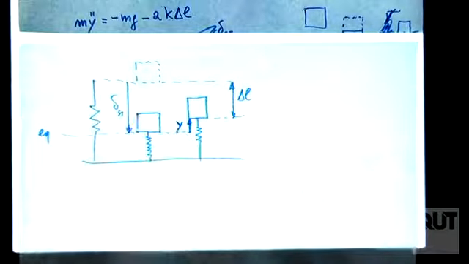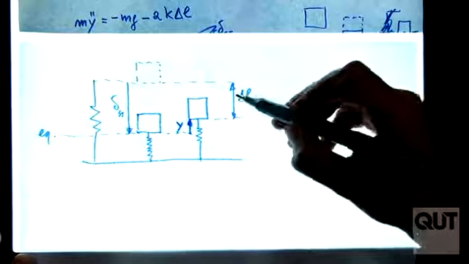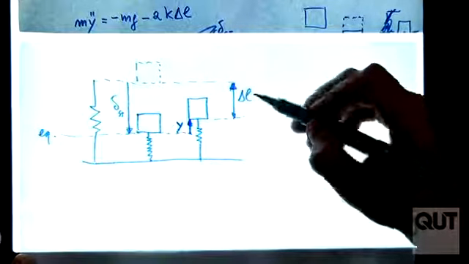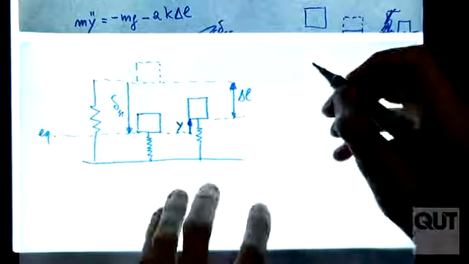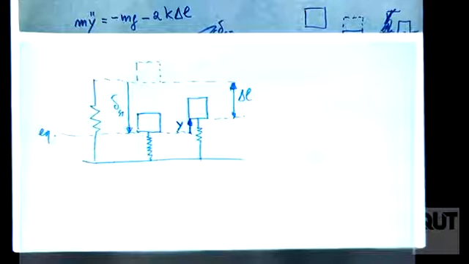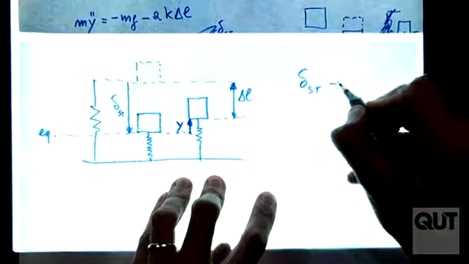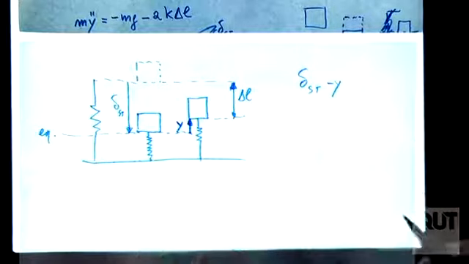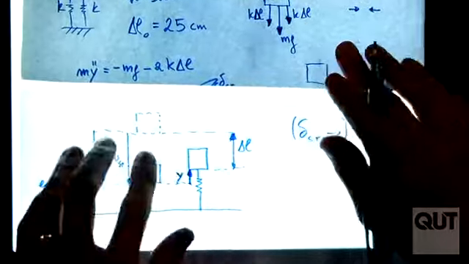So I choose y equal to 0 at equilibrium, which means that delta L of the spring, the elongation or shortening of the spring, is how much? It's delta static minus y. Agreed? Are you sure? What did we say before? What's our convention for this drawing?